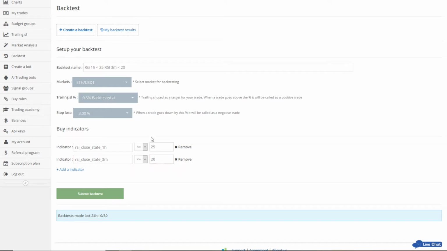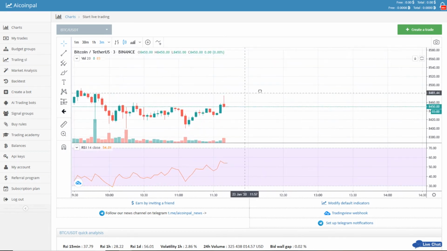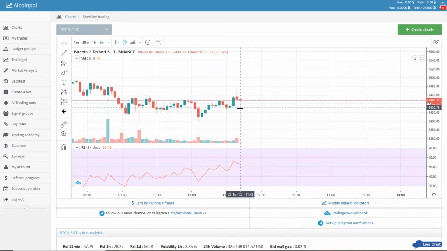So I will tell you what I just typed in right here: RSI close state. What I mean by close state is that while the candle is still bouncing up and down, it's known as close state. Open state is basically the previous candle's closing state.